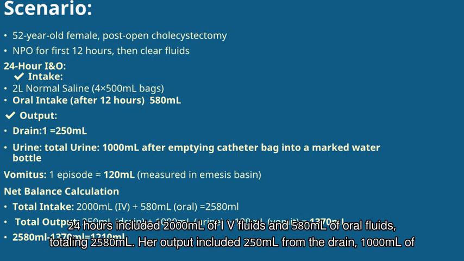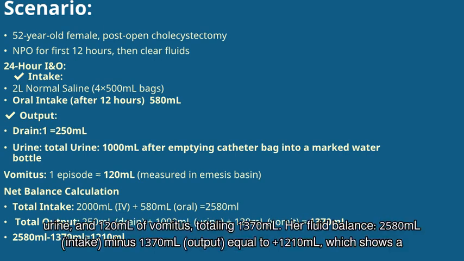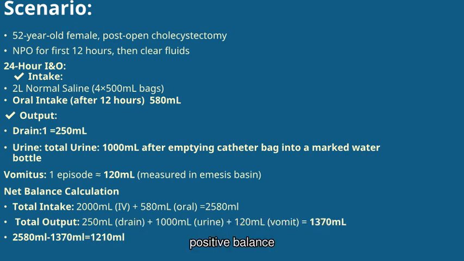Her output included 250 milliliters from the drain, 1,000 milliliters of urine, and 120 milliliters of vomitus, totaling 1,370 milliliters. Her fluid balance, 2,580 milliliters, intake, minus 1,370 milliliters, output, equals plus 1,210 milliliters, which shows a positive balance.